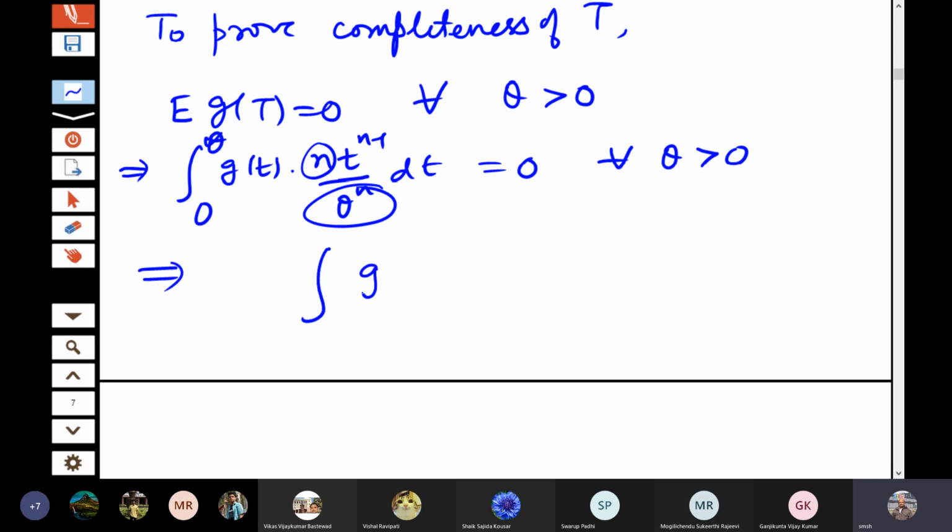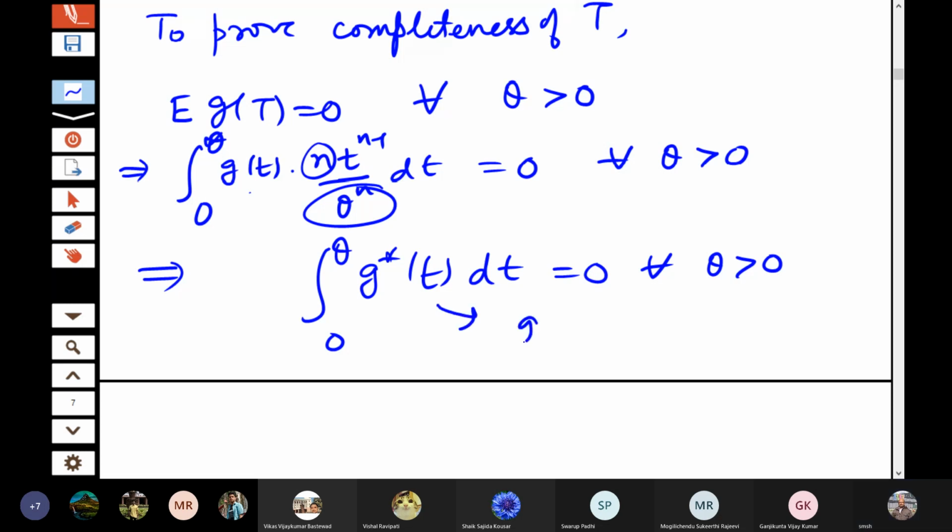I can write integral of g star t dt from 0 to theta is 0 for all theta positive, where g star t is nothing but g(t) into t to the power n minus 1.